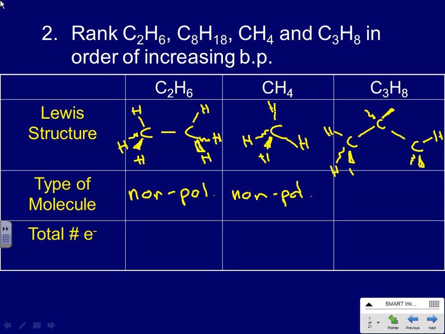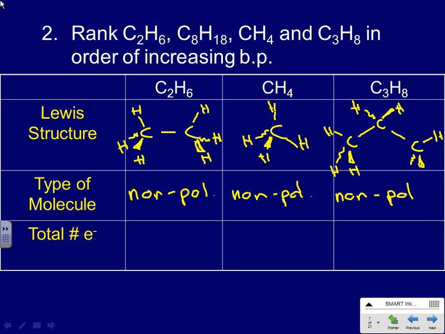If you are struggling with seeing something as complex as that 3D Lewis structure for something like a C3H8, don't worry about it. You could just put, the good old-fashioned square, make them flat out there. It's not a big deal if you can't see it and you're not comfortable with that. You could just put it flat. It doesn't matter. The fact that it's all C's and all H's means they're going to cancel out the dipoles, and it is non-polar.